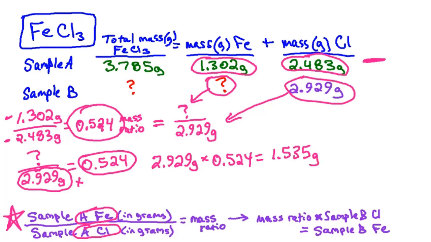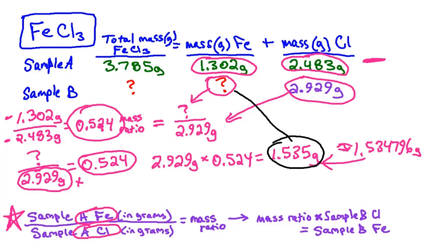It's actually 1.534796 grams, but it's rounded to 1.535 grams. So that answer, 1.535 grams, goes to answer our question for the mass of iron.